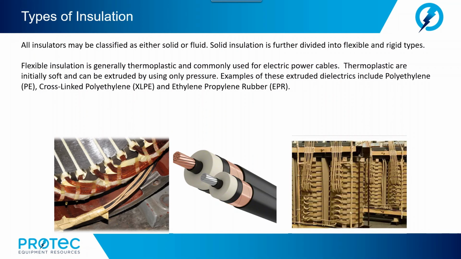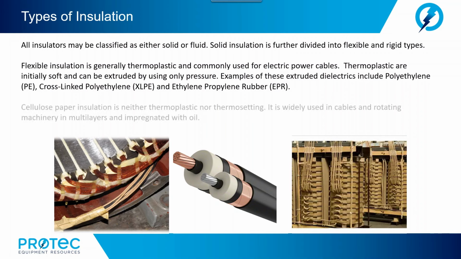Thermoplastics are initially soft and can be extruded by using only pressure. Examples of these extruded dielectrics include polyethylene, or PE, cross-linked polyethylene, or XLPE, and ethylene propylene rubber, or EPR.